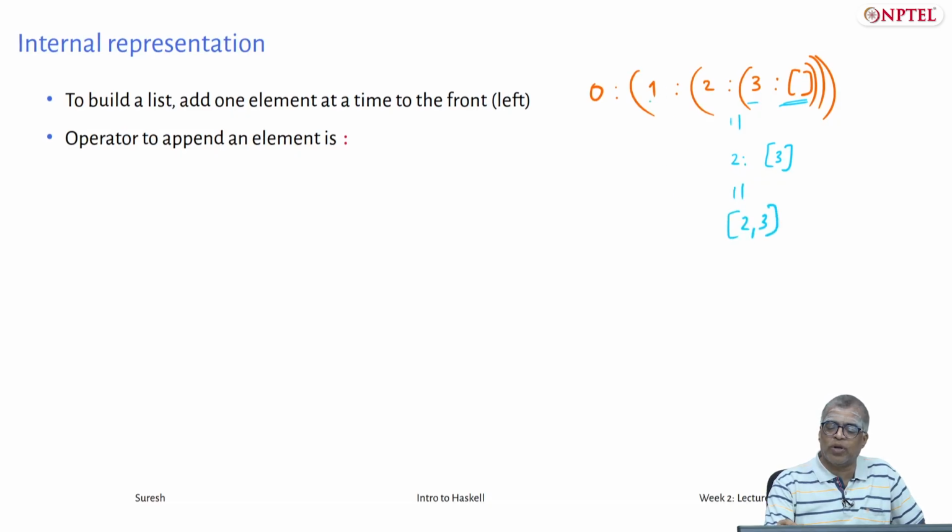You can put 1 before the list formed by putting 2 before the list formed by putting 3 before the empty list, which is nothing but 1 preceding 2, 3, which is nothing but 1, 2, 3. And you can put 0 before that, and that will be the list 0, 1, 2, 3.